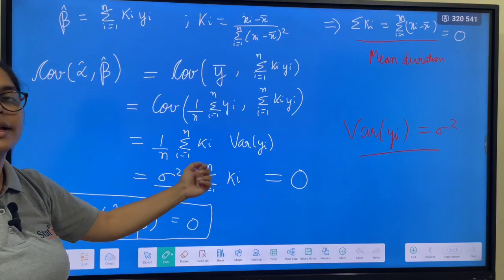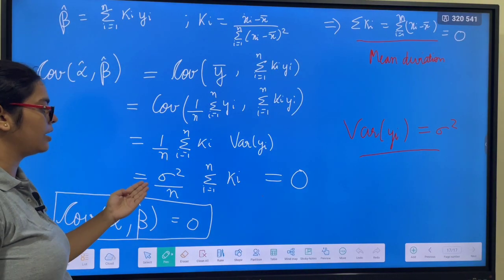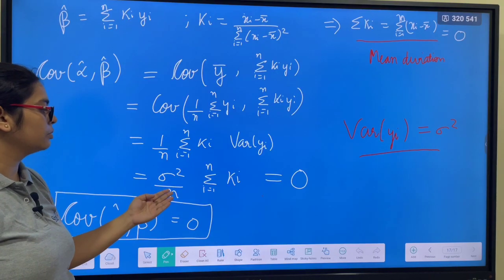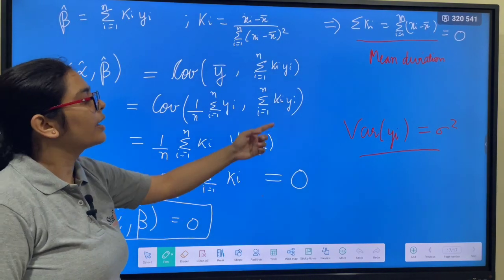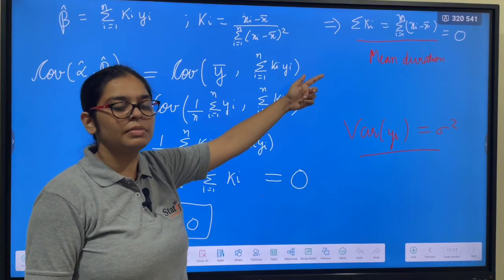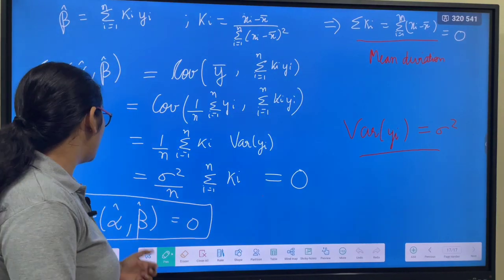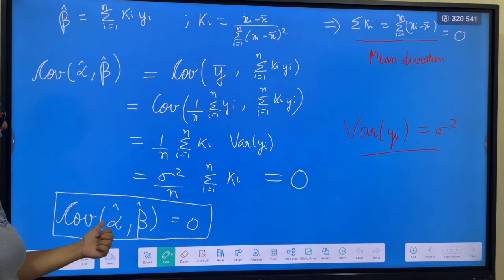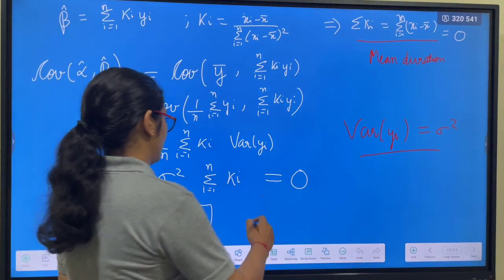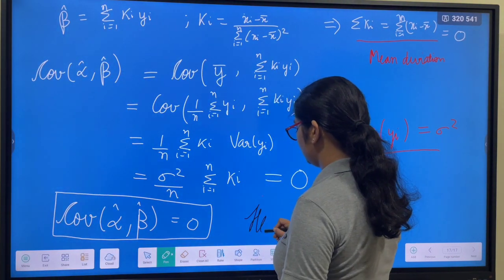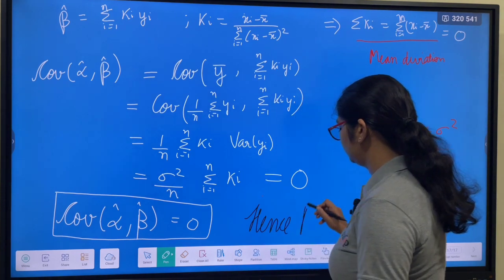Now variance of yi is again sigma square, so sigma square upon n into summation i goes from 1 to n ki. Again summation ki is nothing but mean deviation, so it will become 0. Hence covariance of alpha cap and beta cap is 0. Hence proved.